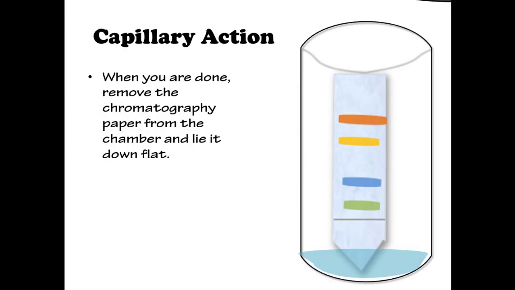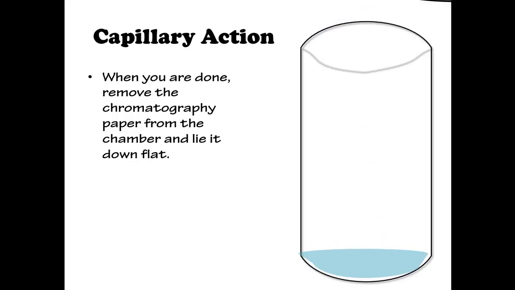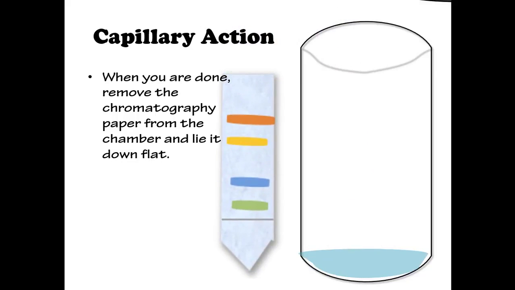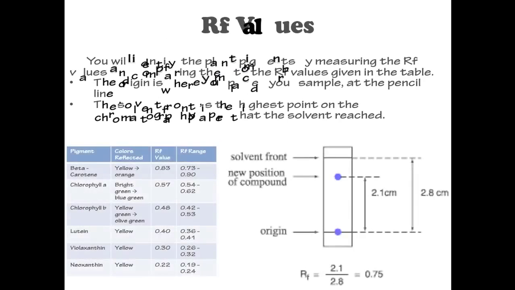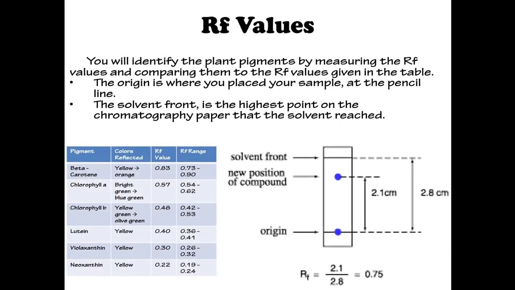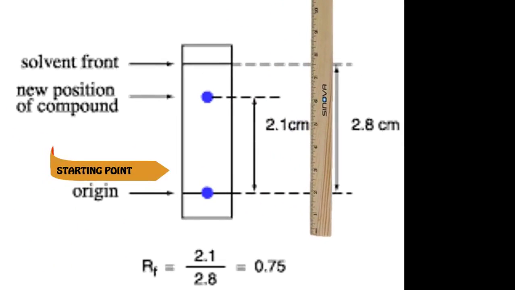When you are done, remove the paper from the chamber and lay it down flat. You will identify the plant pigments by measuring the RF values and comparing them to the RF values given in the table. The origin is where you placed your sample at the pencil line.